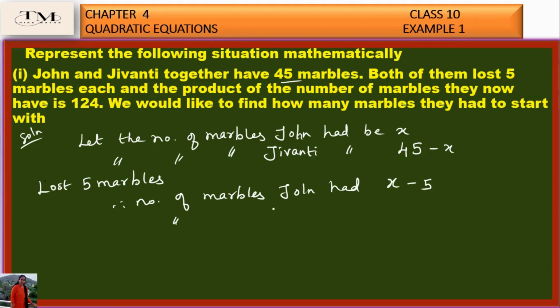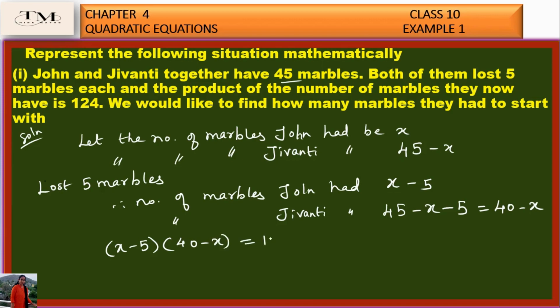In the same way, Jivanti had 45 minus x, and she lost 5 marbles, so we subtract 5. 45 minus 5 is 40, so 40 minus x. Next, the product of the number of marbles they now have is 124. Product means multiplication. So after losing 5 marbles, their product, x minus 5 into 40 minus x, is 124.